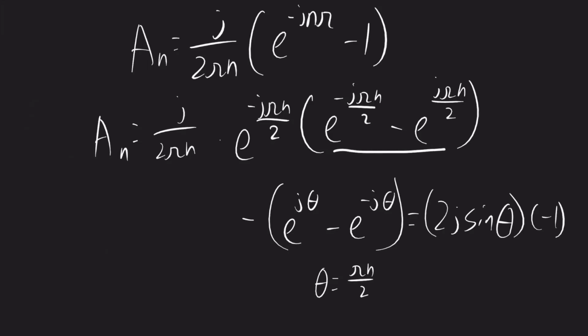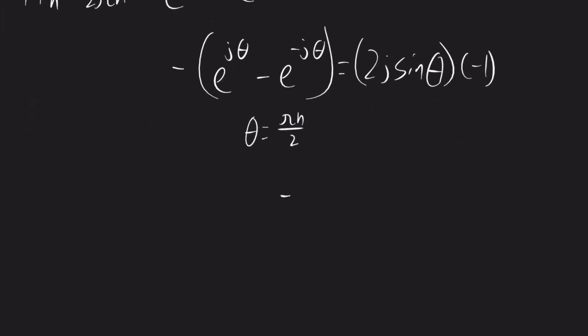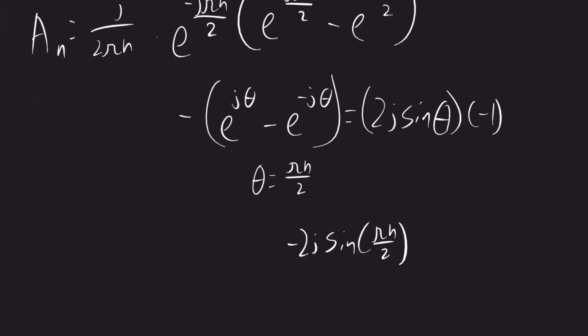So what we have in this parenthesis is really negative 2j sine of pi n over 2. So we can substitute that for what we have in these parentheses. And we have this e to the negative j pi n over 2, and this j over 2 pi n.